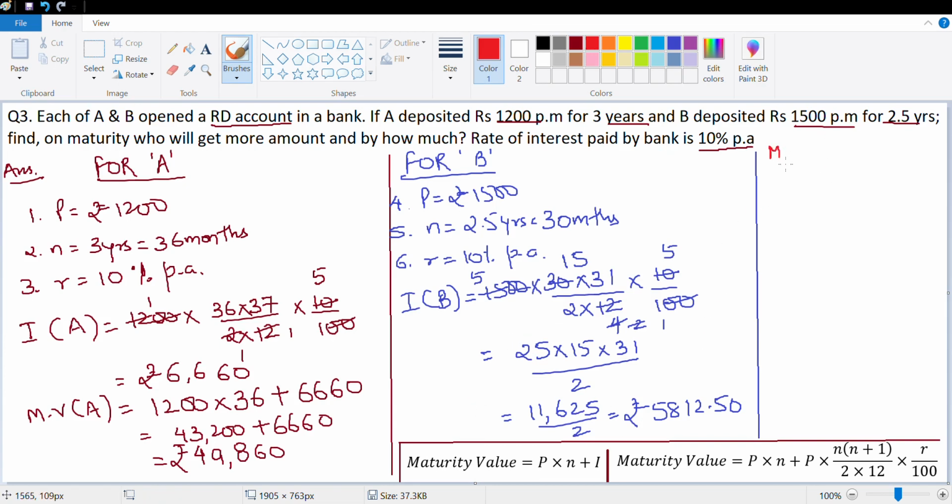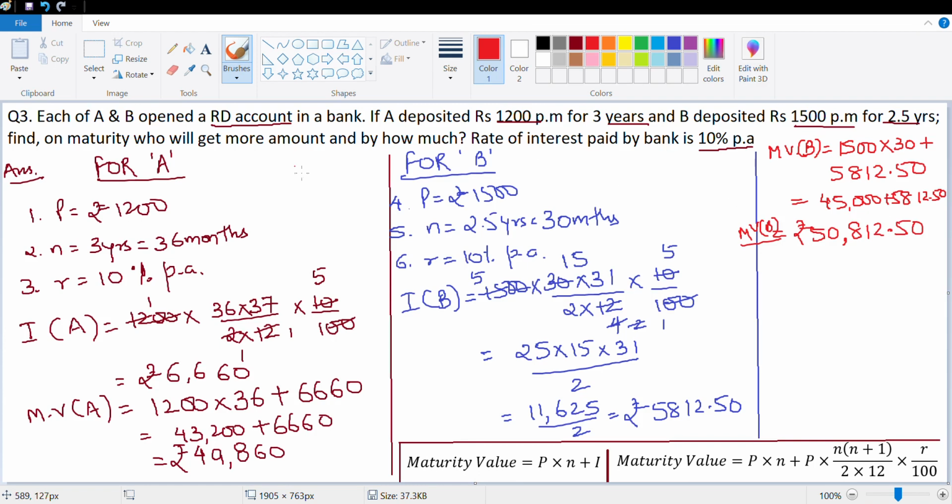Let's calculate the maturity value for B. Maturity value for B would be 1500 into number of months, which is 30, plus the interest, which is 5812.50. So 1500 into 30 is 45,000 plus 5812.50, which is 50,812.50. So that's the maturity value for B.